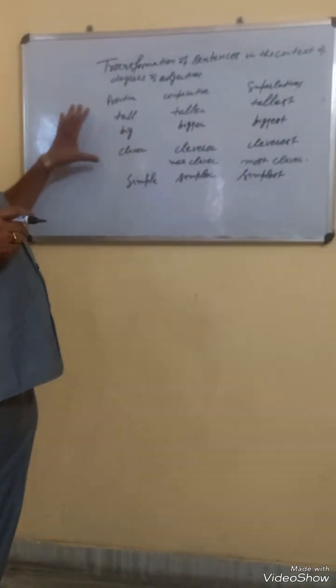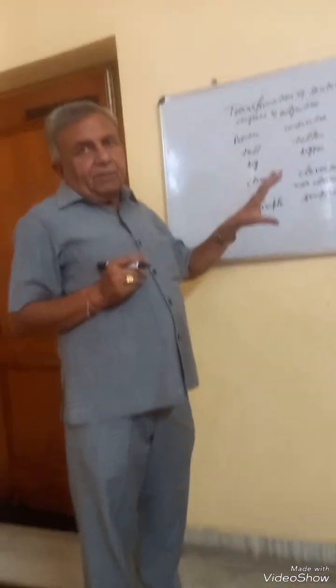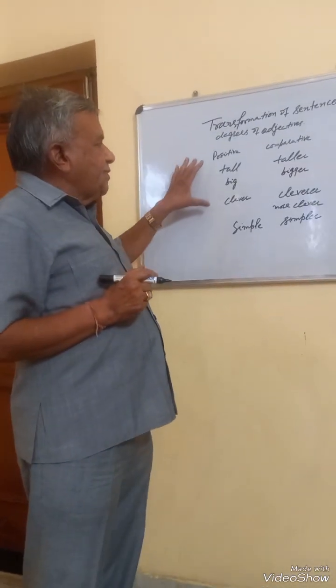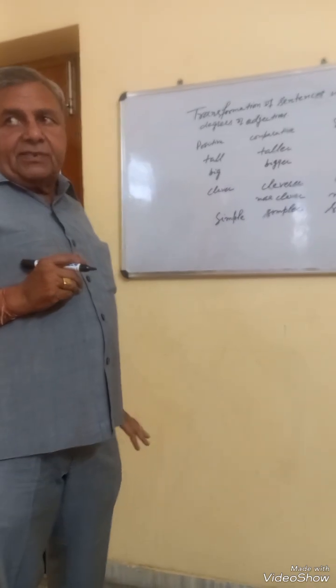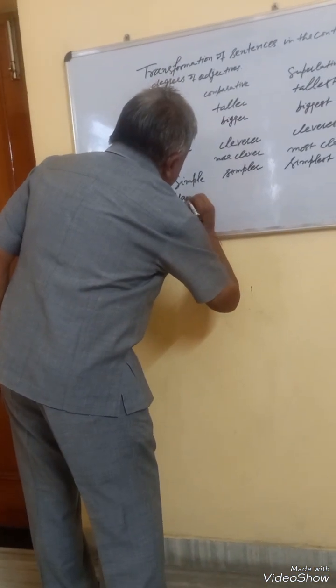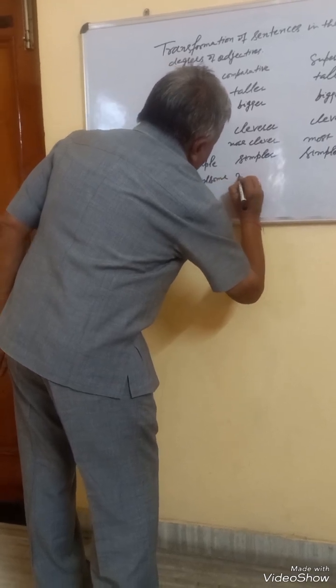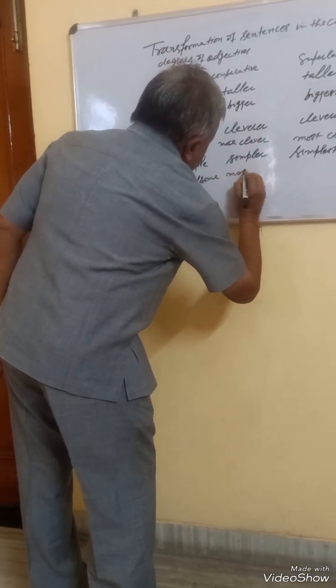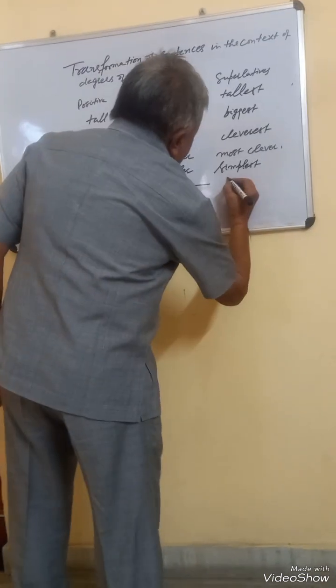And big words containing more than two syllables, three or four syllables. In their cases, we generally use more and most to make comparative and superlative degrees. For instance, handsome, more handsome, and most handsome.